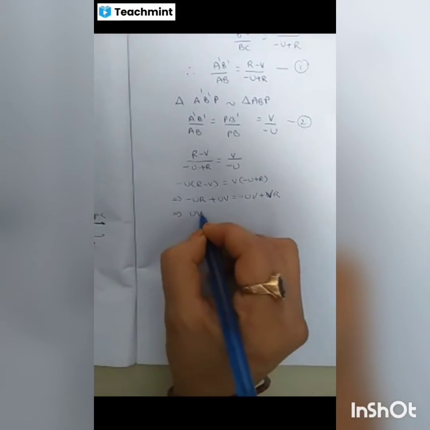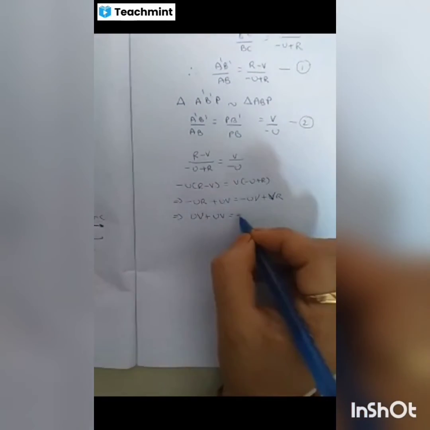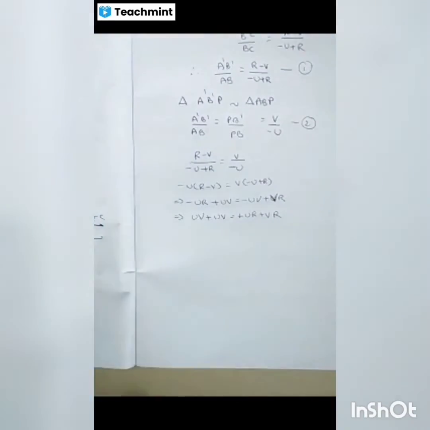Next step, UV, which is equal to minus UR moving to that side, plus UR plus VR.